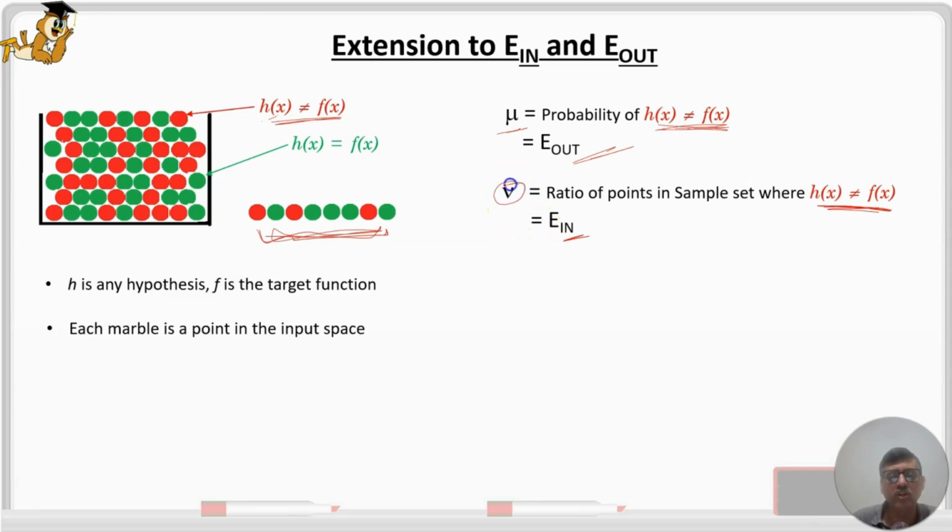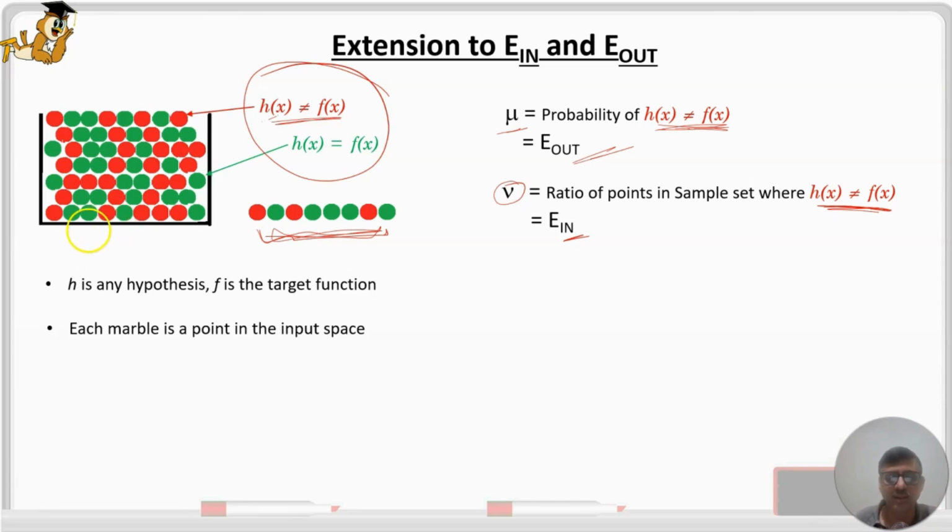So that is your nu. The mu and nu, which were the probability and the ratio of red marbles in the previous slide, are now mapped onto Eout and Ein simply because we decided to color the marbles this way. And we can do that because Hoeffding's inequality applies to all possible ratios.